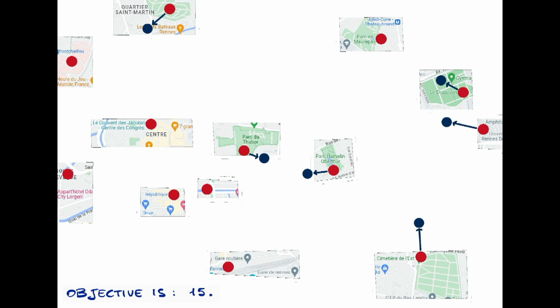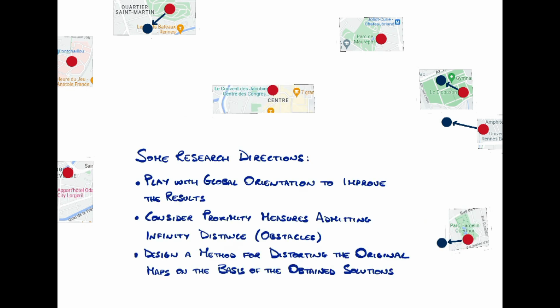I pointed out with these big red points the points of interest that moved more in the solution. Also, the others moved, but just a little bit. The positions mostly overlap with the original. And the objective, as written down, is 15. We don't go to 0. It's unlikely that we can go so low.